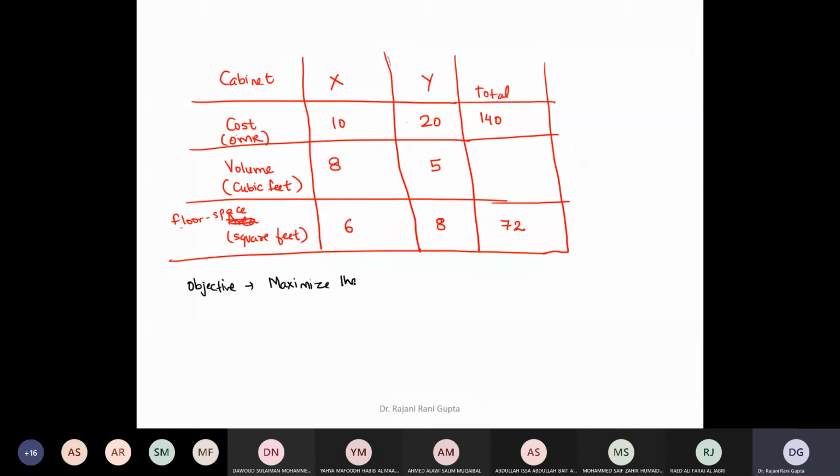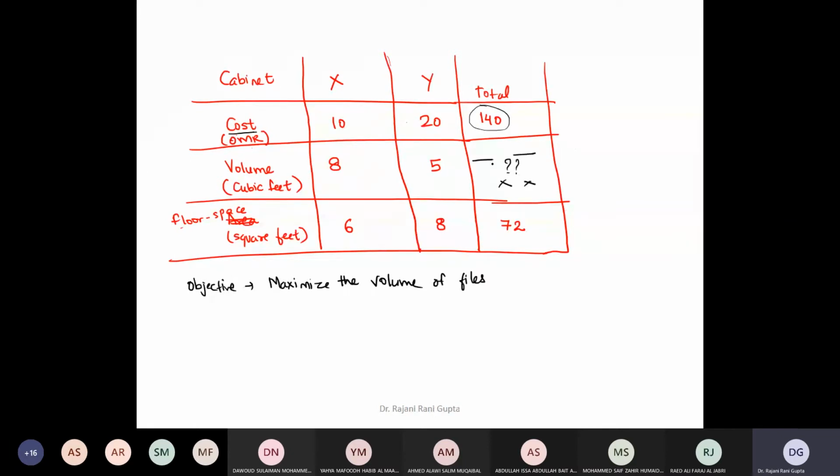This is what I was trying to explain from the previous table. Although you have cost associated with it, you are not using it for minimization. Why? Because you have the total budget available with you. On the other hand, in the question, you don't have anything total for it. This is blank. So it means this will be used for the objective function.